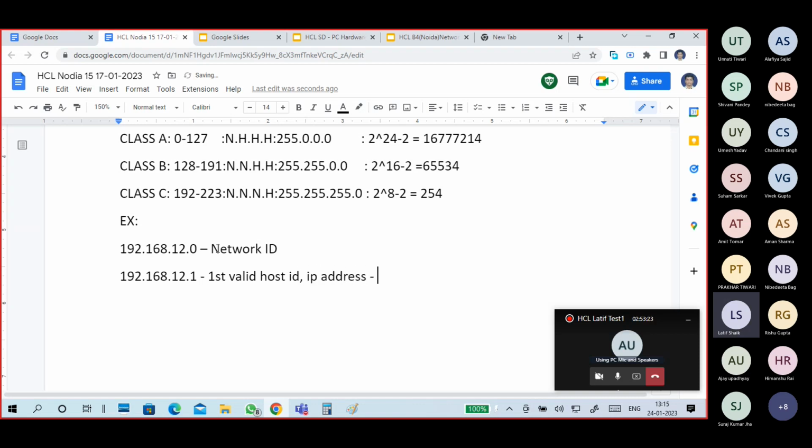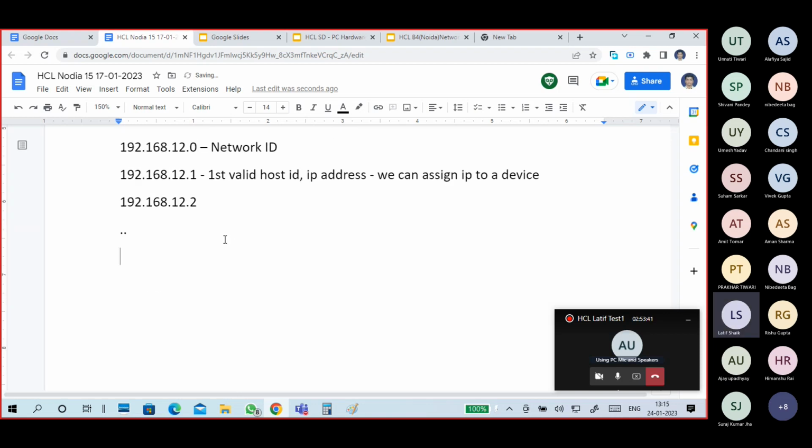So we can assign IP to a device from here, and it keeps going like this until it reaches 12.254.